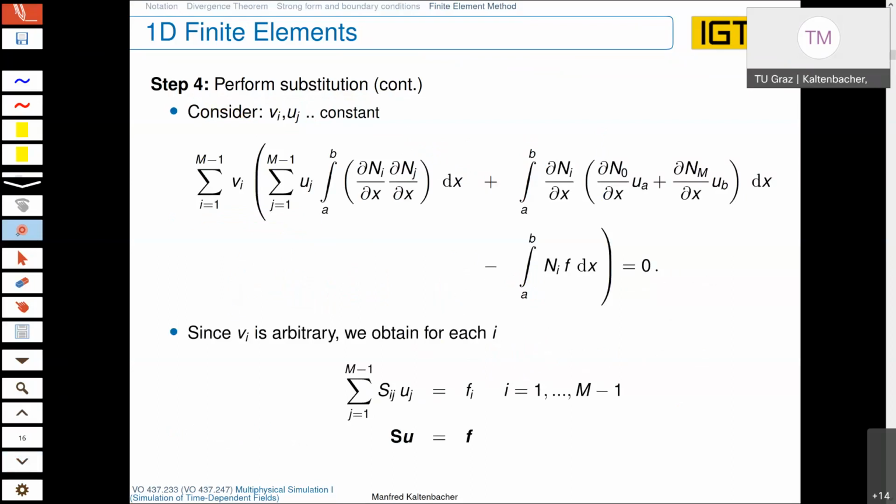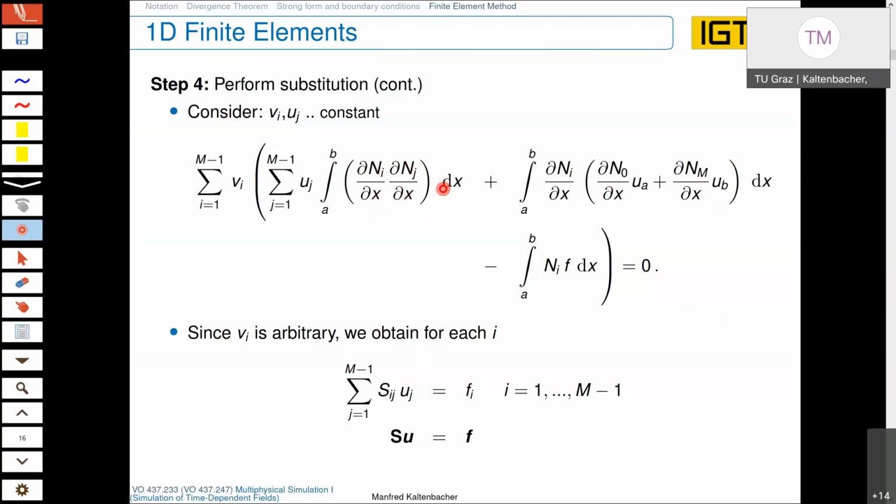So first step, as I promised to you, we put out here the sum in front of the integral. We can also put out v_i out of the integral. We even can put u_j out of the integral because they are constants. And you know, when you do an integration, all constant terms you can put in front of the integral. So you see what remains here actually is really this term here, the partial derivative of the basis function N_i with respect to x and N_j with respect to x, and integrate over the whole computational domain.